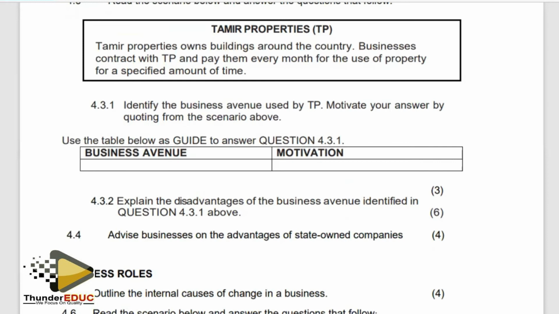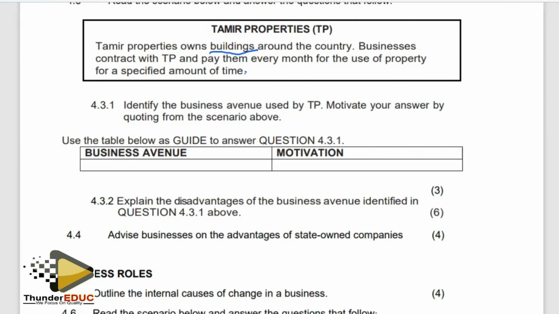Tamil Properties owns buildings around the country, and businesses contract with TP and pay them every month for the use of the property for a specified amount of time.